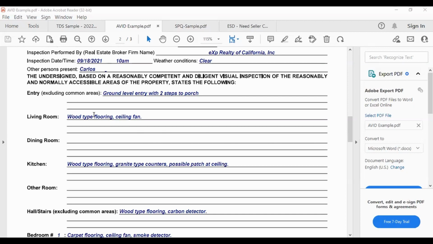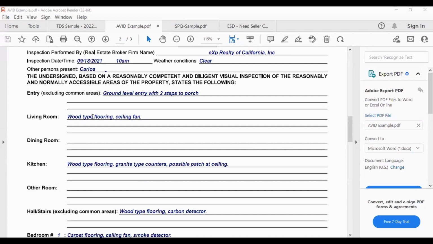I have a friend who had a property years ago, and they said wood flooring, hardwood floors. It turns out the buyer in the end leveraged them by letting them know these aren't hardwood floors. These are engineered, pressed, whatever, and called them out on it.